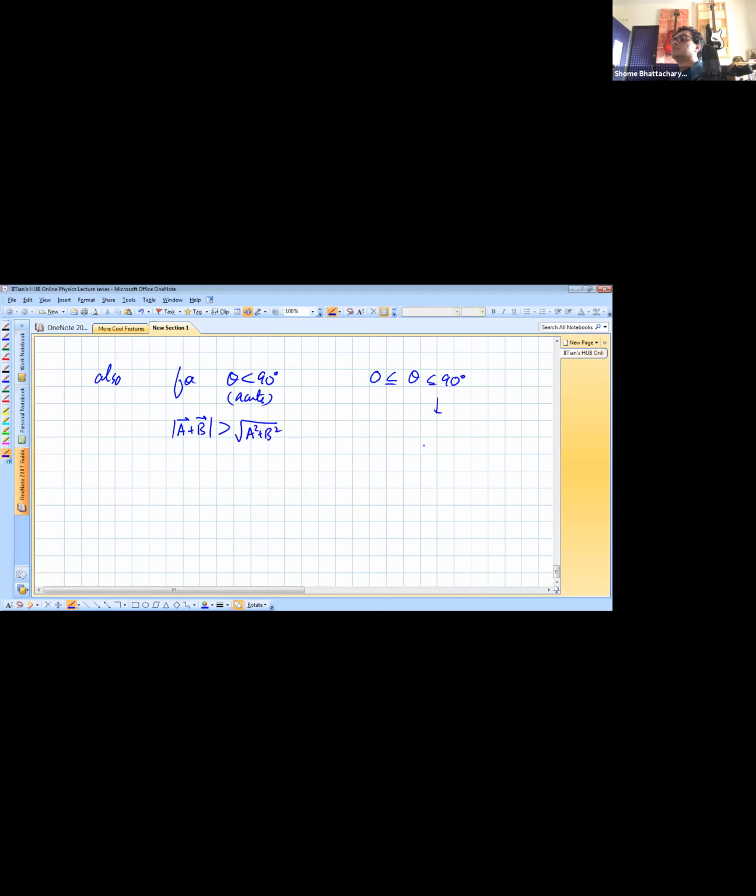Or in general, for this statement, we can say that mod of A plus B will be greater than root of A square plus B square, but less than or equal to A plus B.